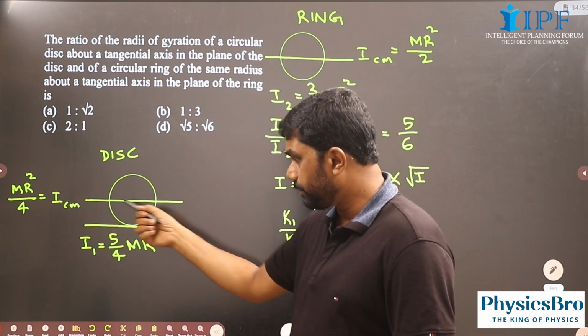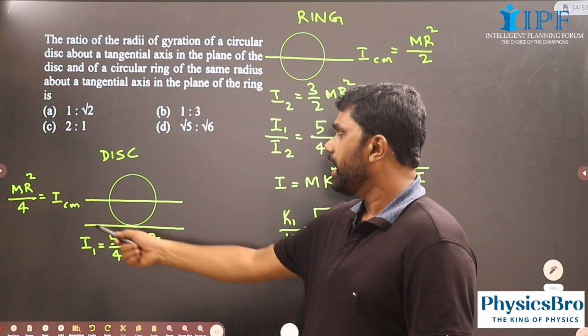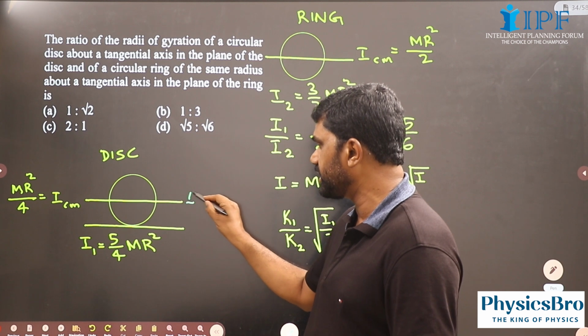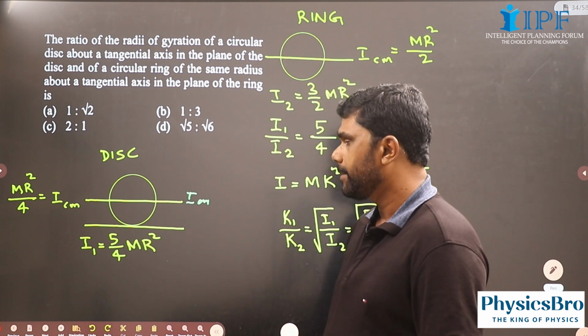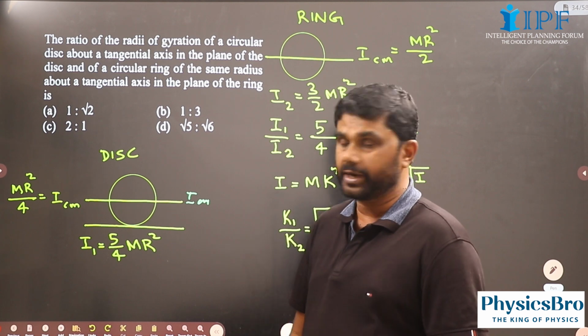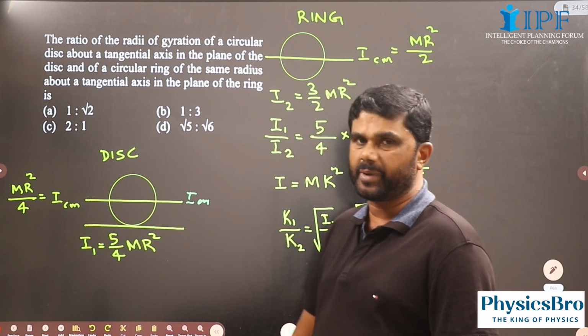Then the moment of inertia about the diameter will be half of it, mr²/4. And this is an axis parallel to the axis passing through the center of mass, I_cm, and this is I. So I equal to I_cm plus ma², so mr²/4 plus mr², that will be 5/4 mr².